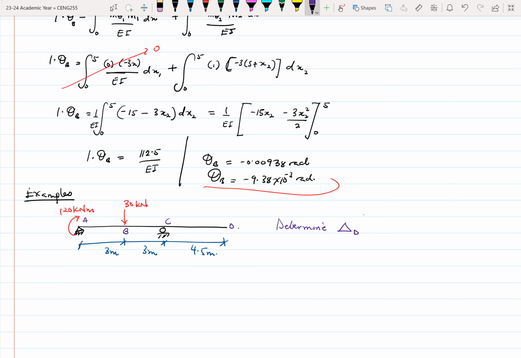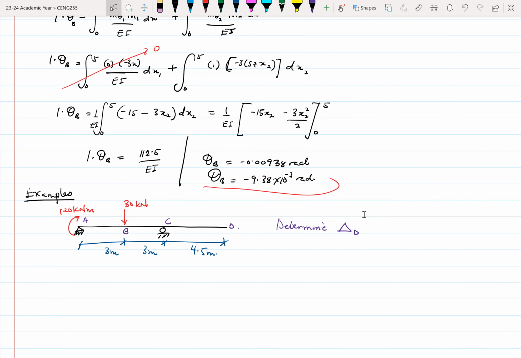What do we do? The simplest thing to note is that because of the load at B and also the support at C, if you want to derive equations for moments, the equations can only be valid for a certain span.